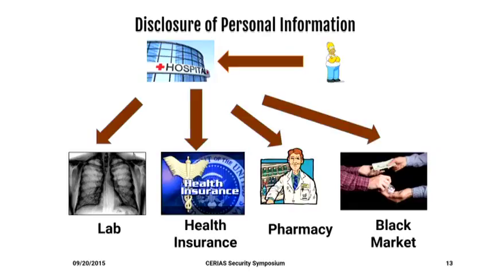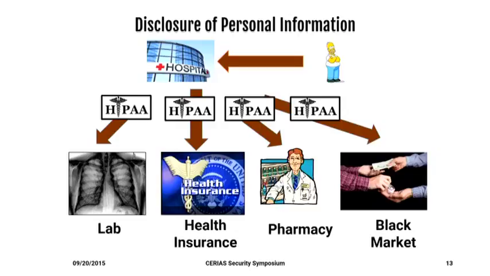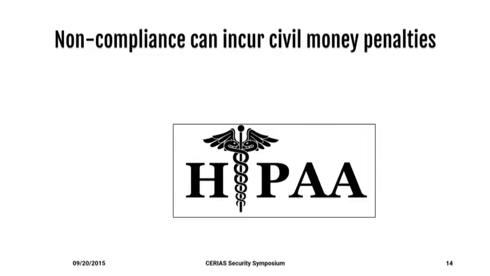But what's stopping the hospital from selling it in the black market? It's a good thing that government has regulations like HIPAA that mandate what can be shared and what cannot be shared. So according to HIPAA, as you have guessed, the first three are allowed, the fourth is not allowed, right? So now the question is, what happens if we don't satisfy HIPAA?